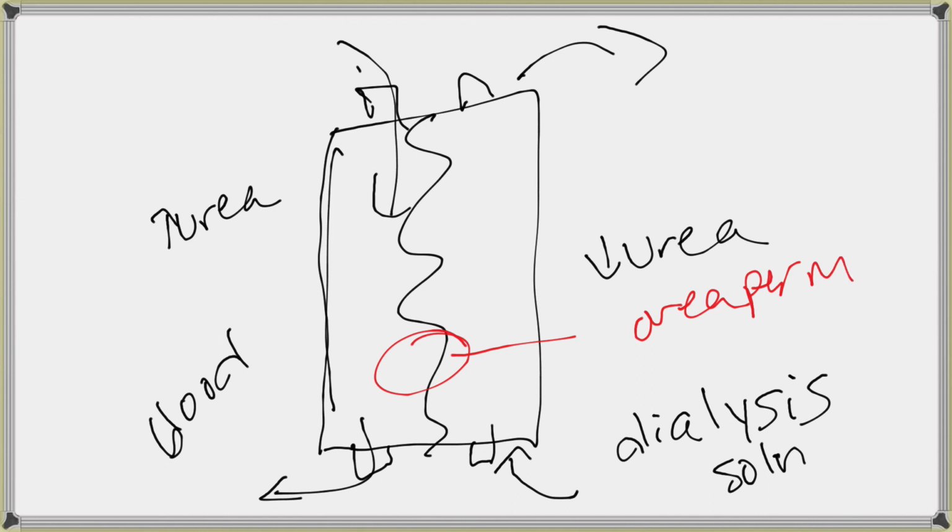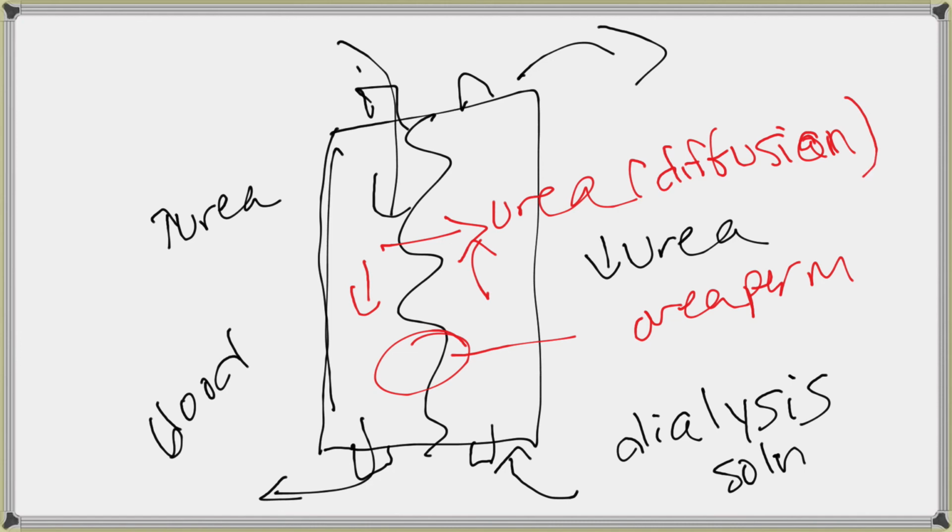Then as the blood runs this direction and the dialysis solution runs this direction, because this is urea permeable, urea is going to get pulled via diffusion, not filtration, because it's not a pressure differential.